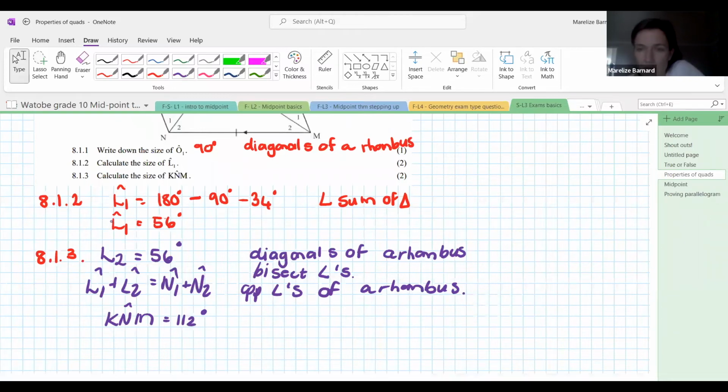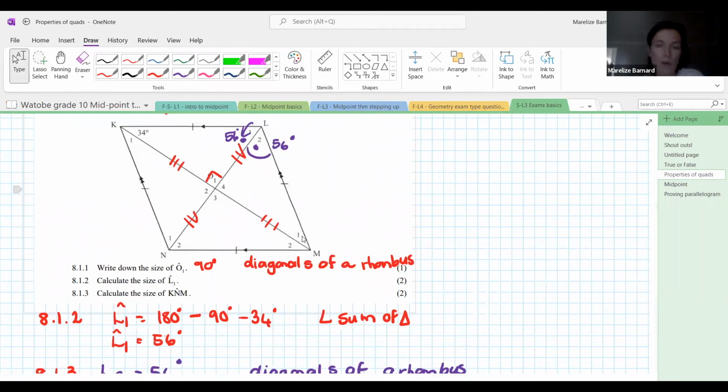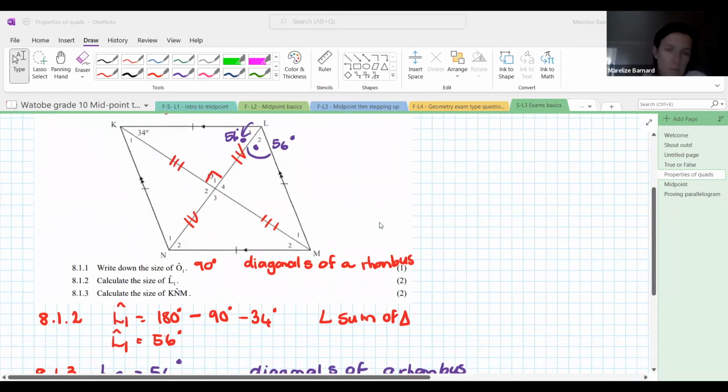Right. So Chinamiram is saying he got angle M1. I'm not sure how that would have worked. Yes, Chinamiram, you've got your hand up. Ma'am, what I did was I got angle M2 equal to angle K because it's alternate. And then since KMN is an isosceles triangle, K1 also equals 34 degrees.